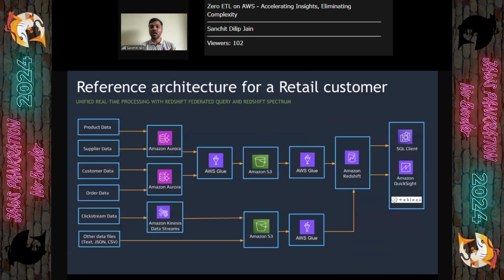So this is how the architecture looks, some bit of it, where on the left-hand side, you see different sources: product, shipment, inventory, customer data, clickstream for my websites, and other files, right? And then I have Aurora, I have Kinesis, Glue, S3, which is putting the data to Redshift. And at the end, I'm doing the insights, which is what my business is looking for, QuickSight or Tableau or Warehouse, so they can understand what the inventory looks like.